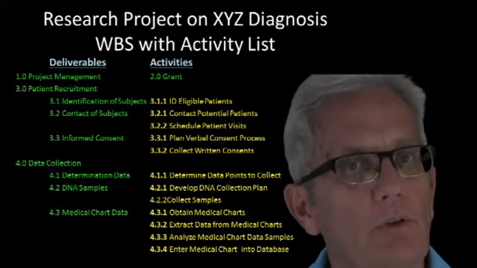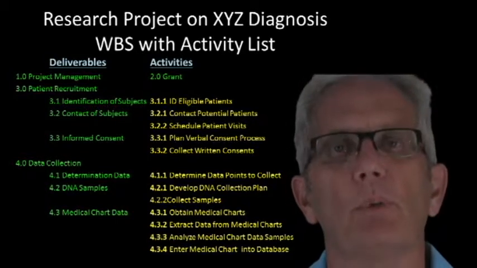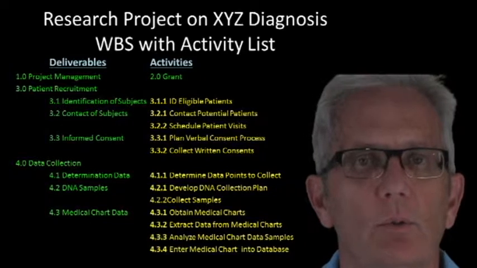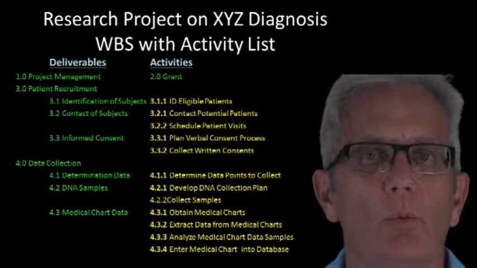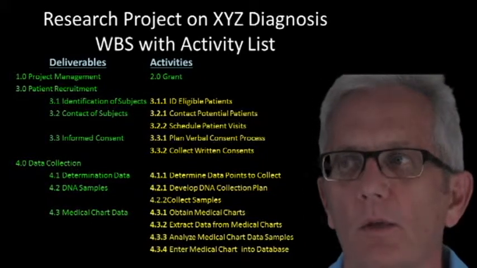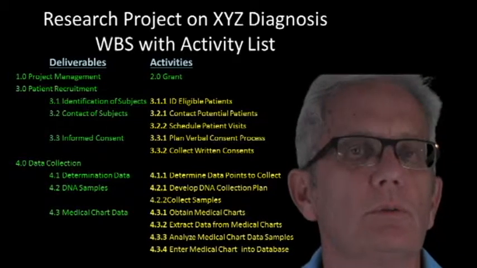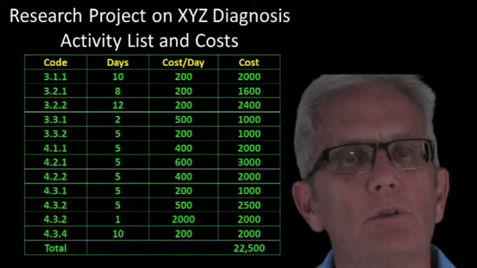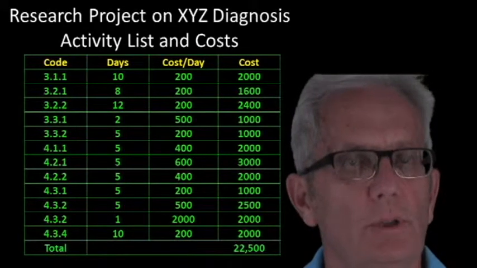And we get that in the schedule. If you remember with the schedule, we're looking at the estimated time for an activity and the sequence, the order in which it can be done. We create the schedule. What we're going to do in addition to this is look at how much it is costing to do each activity.